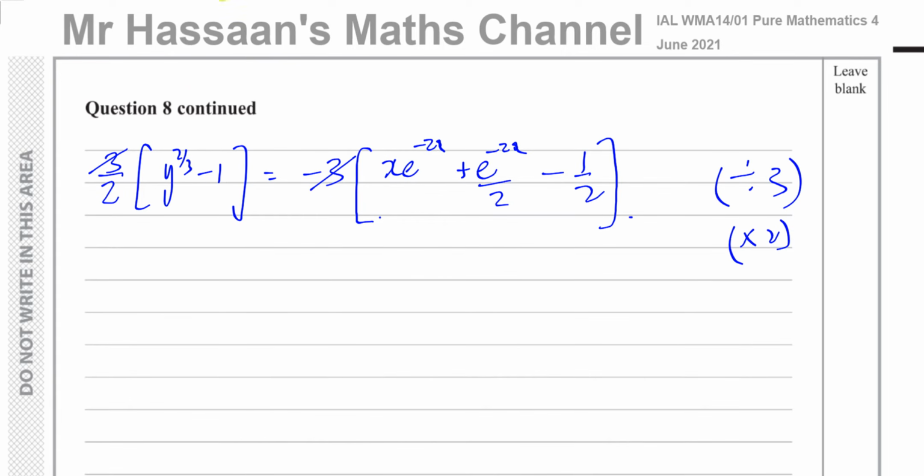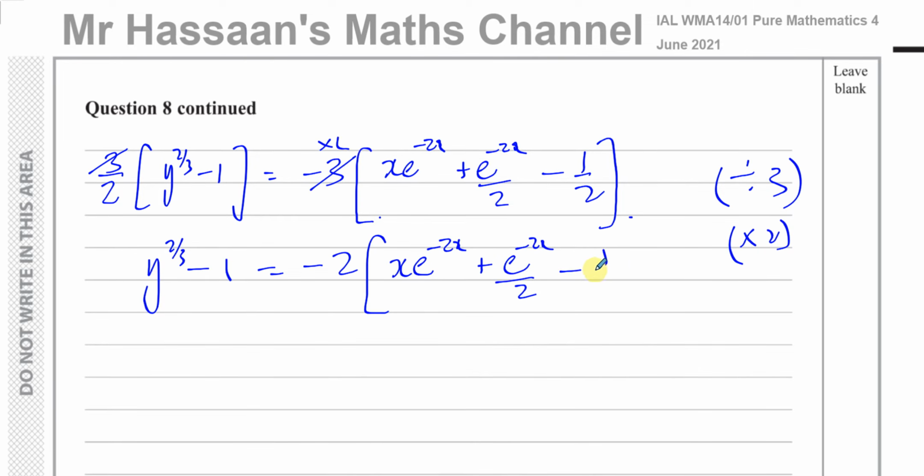That will give me y to the power of 2/3 minus 1. I divided by 3 and I multiplied by 2, so it'll be minus 2 times x e to the power of minus 2x plus e to the power of minus 2x over 2 minus a half. So I've got to multiply everything by minus 2.